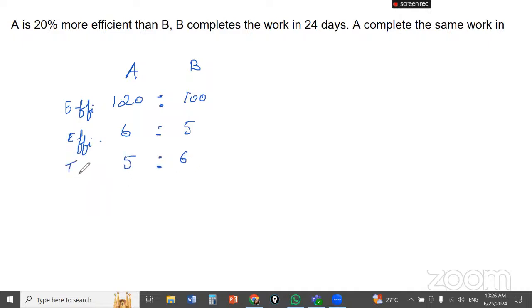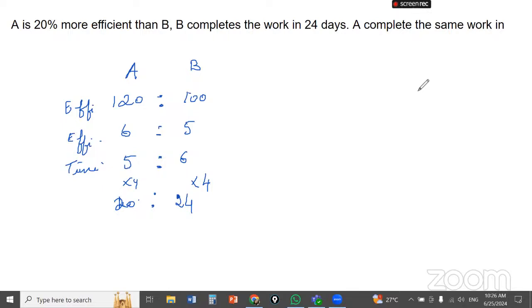Time ratio will be 5 is to 6, and they have given that B takes 24 days. How does 6 become 24? When you multiply it with 4. Since it's a ratio, the same thing has to be done here. 5 times 4 is 20. So the answer is 20. It's not 10.